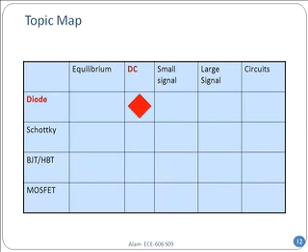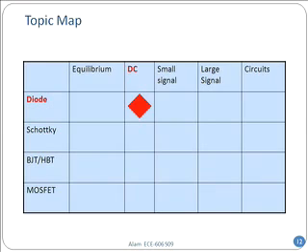And the reason I put it in this format, in this matrix, is because I want you to realize that the techniques I'll be using to solve the DC characteristics of a diode are exactly the same essentially for Schottky barrier, for BJTs, the MOSFET. The tricks are the same.